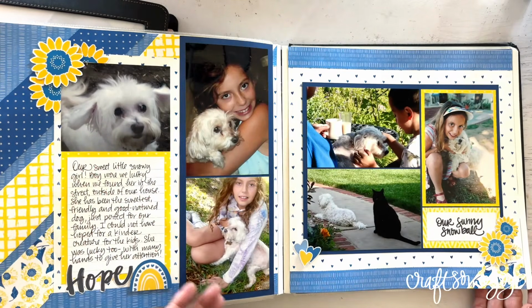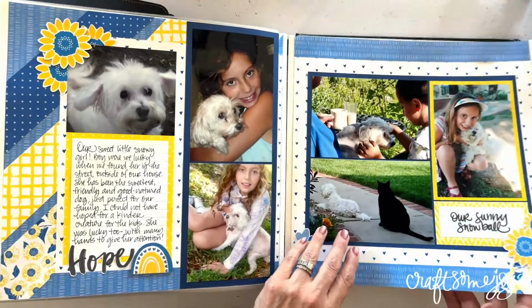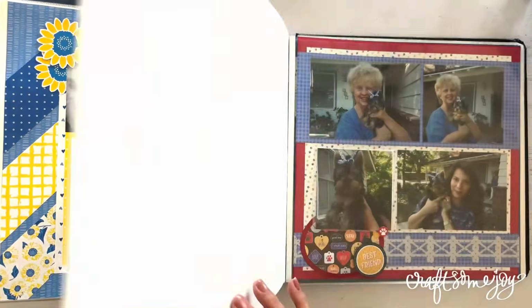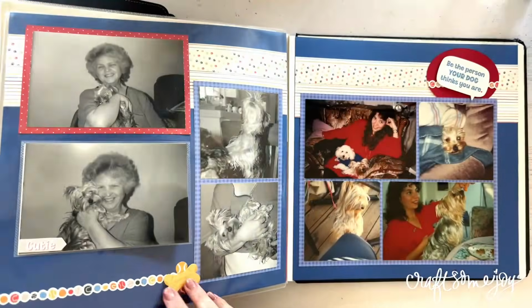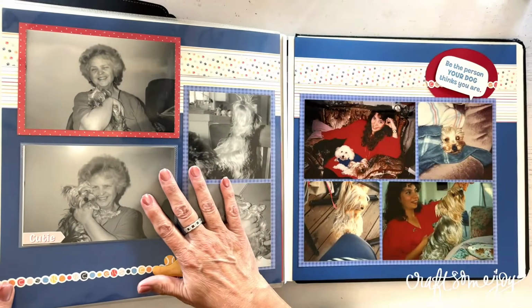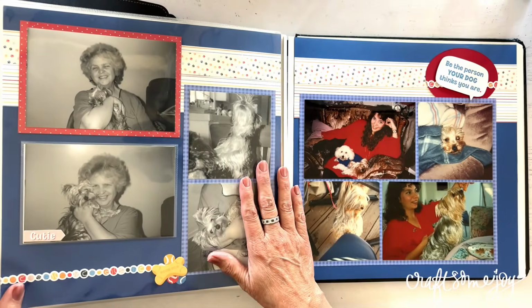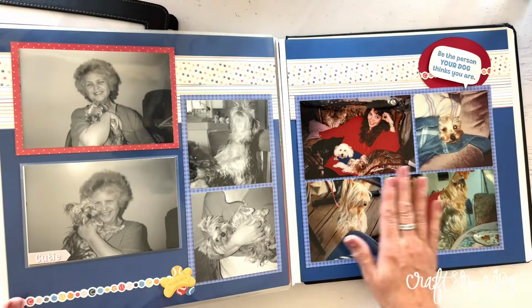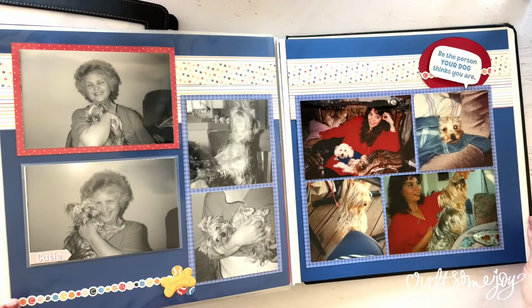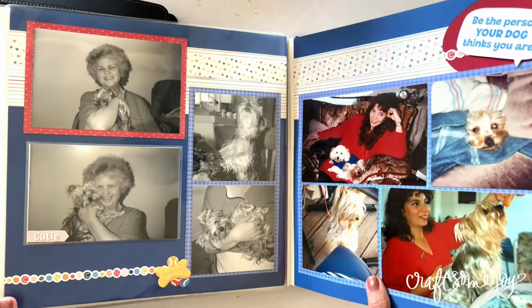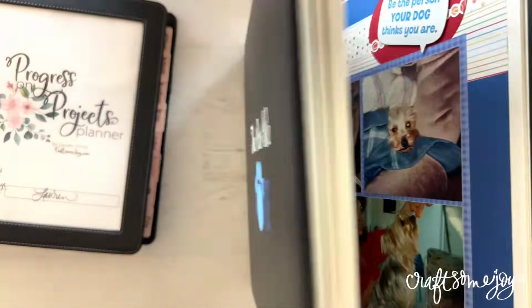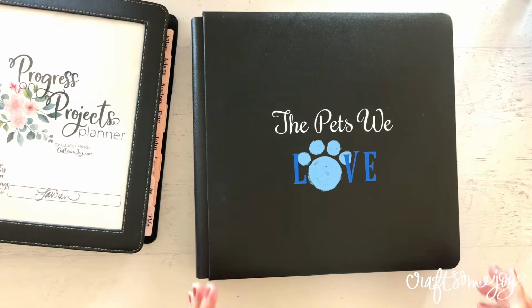And I love being able to pull an album and go, oh, look at all these sweet babies that we've had over the years. This one's Bonnie Bell. Bonnie was my mom's dog, and then after my mom passed, we took on Bonnie, and she was just adorable. So, just wonderful being able to celebrate those little guys.